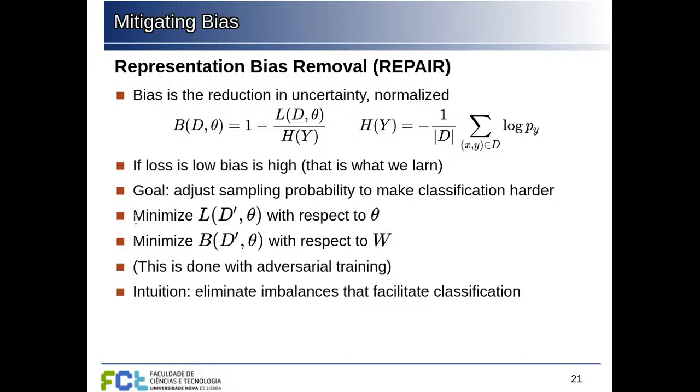The way this is done, the minimization of the loss function with respect to the parameters and then minimization of the bias with respect to the weights, is similar to what we saw with the generative adversarial networks. Basically, we alternate training on one and the other, and we keep doing that until we reach convergence.